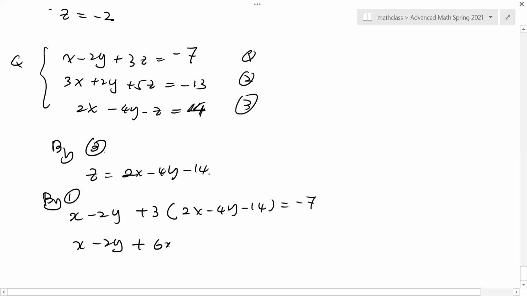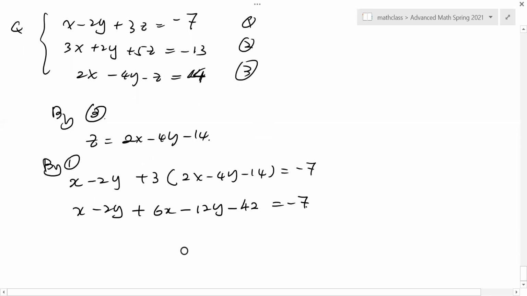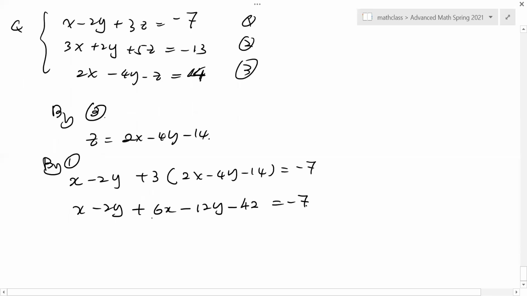It's 6x, that's 12y, and 14 times 3 is 42, right? And then you get 6x plus 1x is 7x, negative 2y minus 12y is negative 14y. And 42 is moved to the other side, okay?